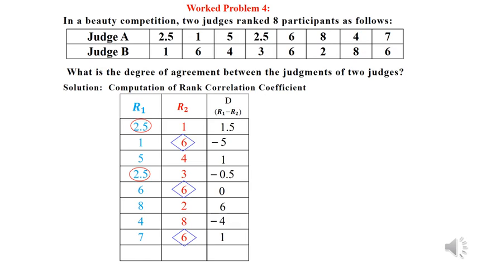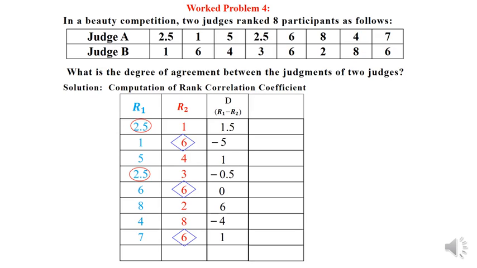Then find d square. 1.5 square, 2.25; minus 5 square, 25; 1 square means 1; 0.5 square, 0.25; 0 square, 0; 6 square, 36; minus 4 square, 16; and 1 square, 1.